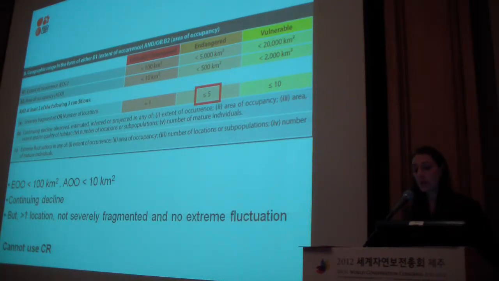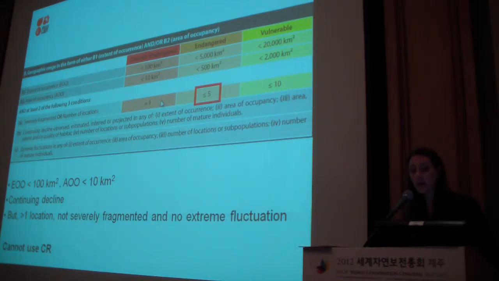You cannot use critically endangered because you don't meet the critically endangered threshold under A. If there was severe fragmentation, then you would have met the critically endangered threshold under A because there is no threshold. If it's severely fragmented, you automatically meet A, and then it would have been critically endangered A because of the severe fragmentation, and B because of the continued decline.